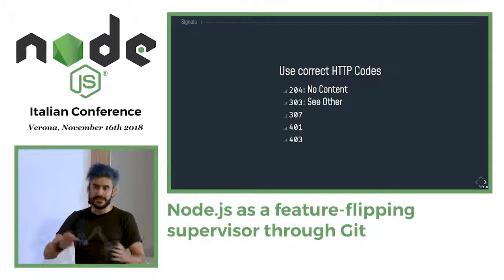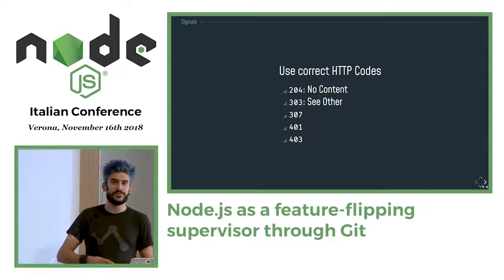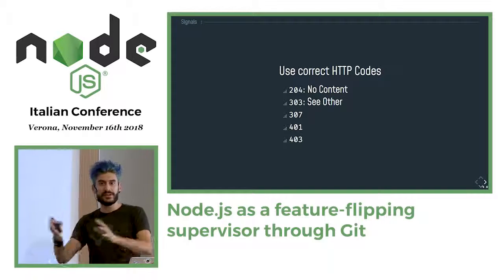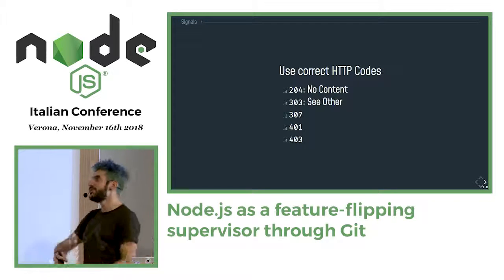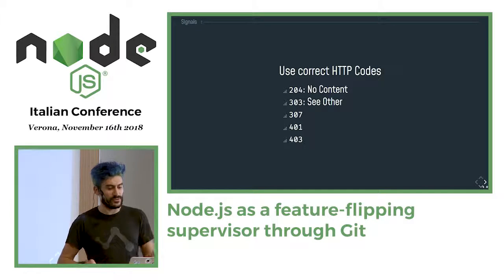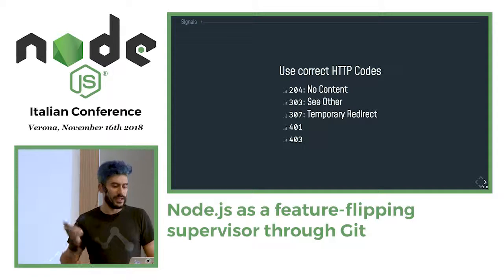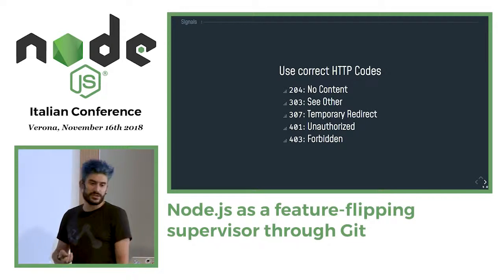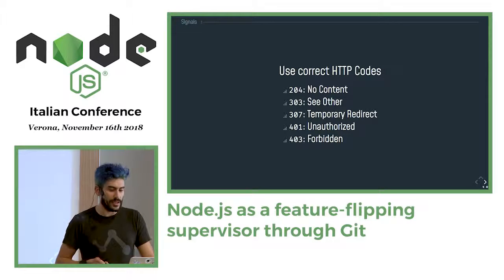So it's easy in this kind of situation, when you enable a flag and a feature which moves an endpoint to balance your traffic to another endpoint, to use a temporary redirect, and then unauthorized and forbidden, which are the ones you use the most when you are dealing with feature flags, etc.